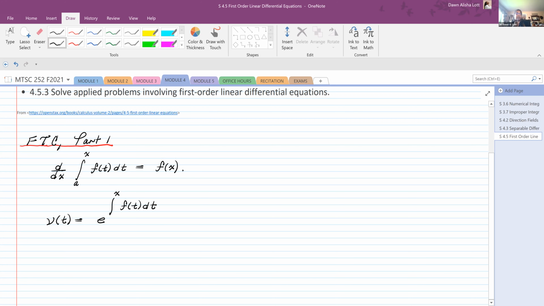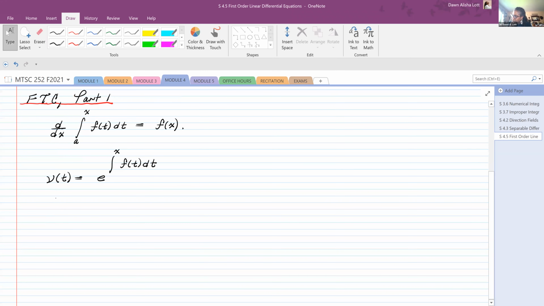Now notice that if I took the derivative, nu prime of x, it would be e to the integral of f of t dt, but then I'd have to multiply by the derivative of the exponent, the derivative with respect to x of the integral of f of t dt.